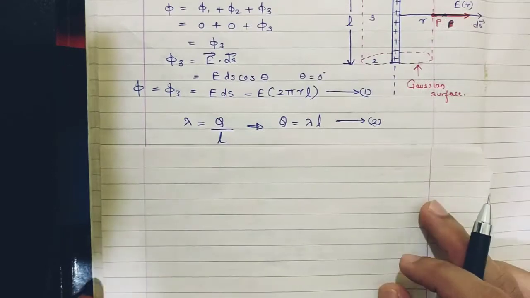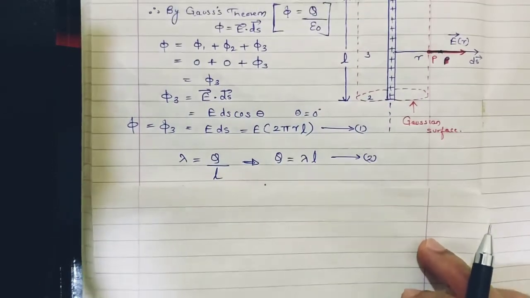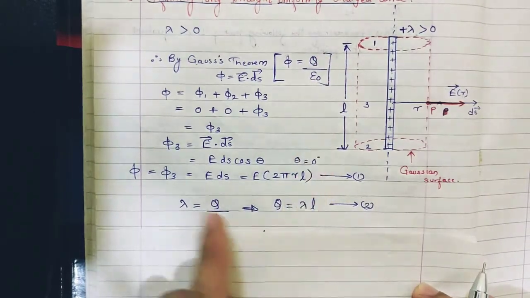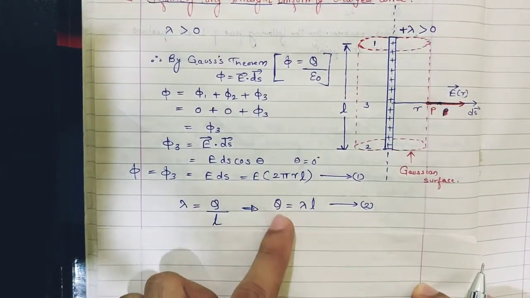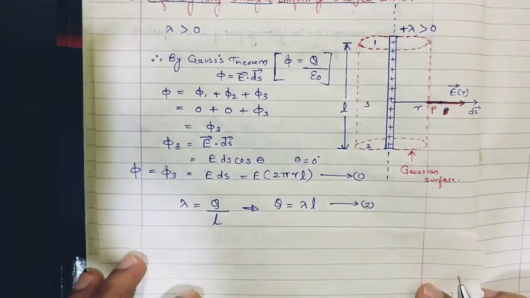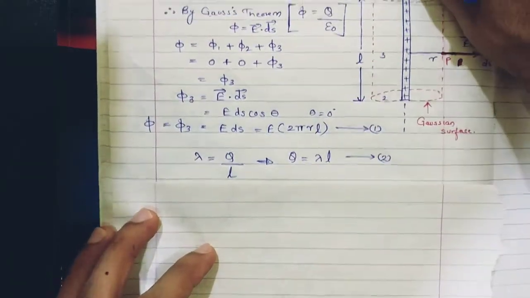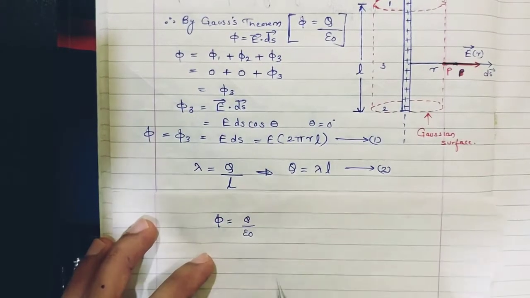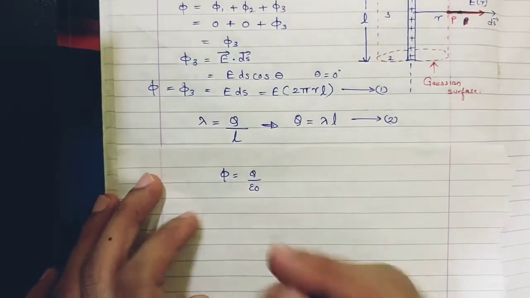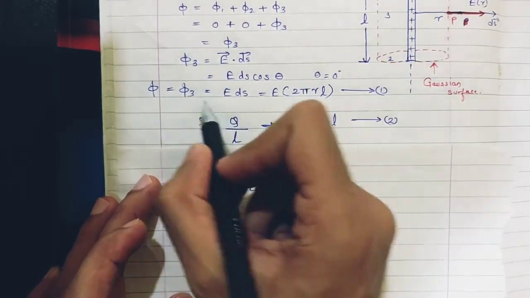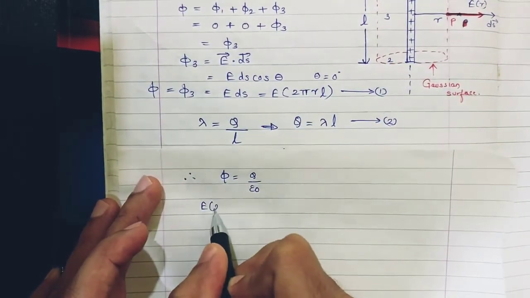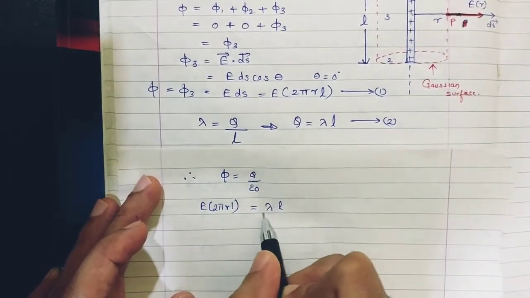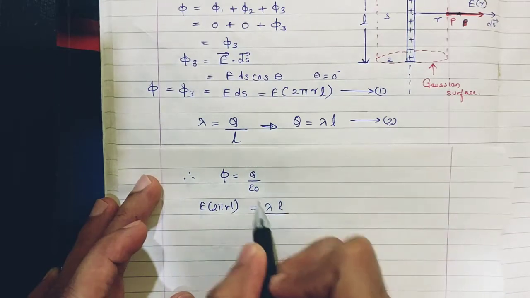Now what we are going to do next is take our original equation, phi equals Q upon epsilon naught, and substitute phi and Q in it. Substituting phi as E 2 pi r L and Q as lambda L, upon epsilon naught.